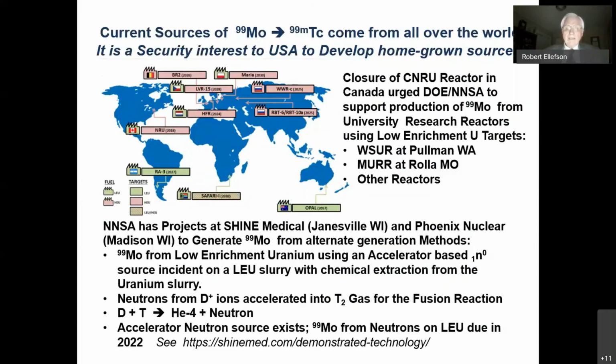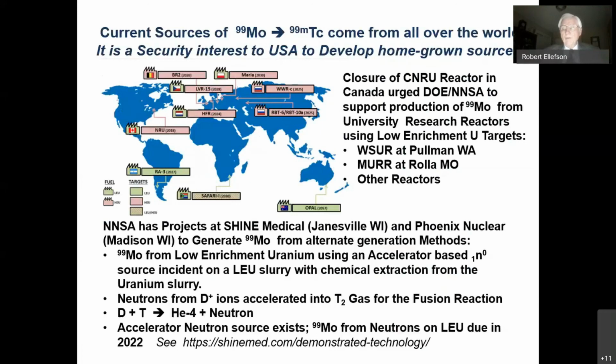Those are both candidates that have now, in 2018, received authorization to be able to make Moly-99 by using low enrichment uranium targets with their reactors, neutrons, and then do the chemistry separation to get the Moly-99 out.